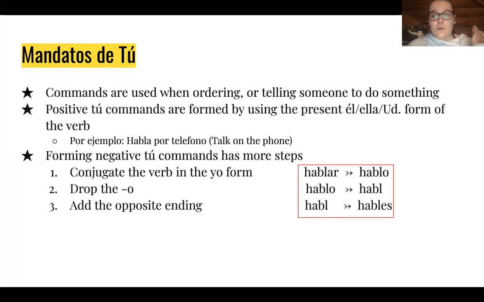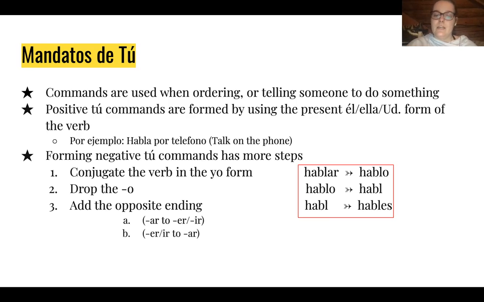And then your third and final step, you're going to add the opposite ending. So because hablar is an AR verb, you're going to use the ER-IR ending, and you're going to end up with hables, and there is your negative tú command. So if you want to tell someone not to talk, you'll say, hey, you, no hables. See?